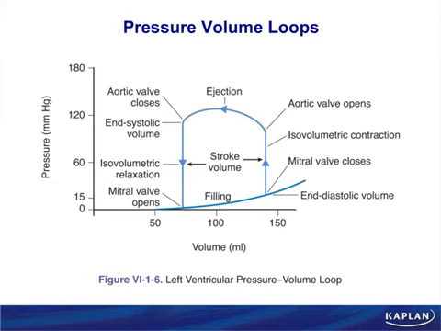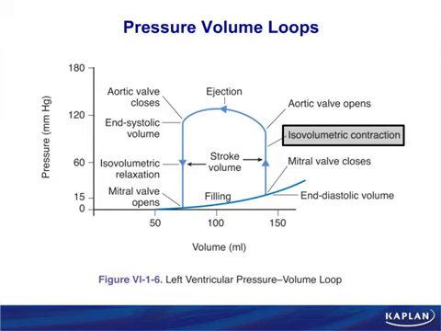Pressure volume loop. Now, this loop always goes counterclockwise. So we start at the right, we go up, and then to the left, and down, and around. Always counterclockwise. Heart does two things in systole. It pressurizes and ejects. So here's pressurization, isovolumetric contraction.